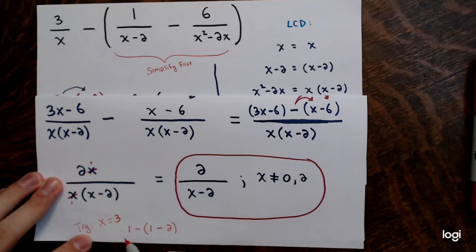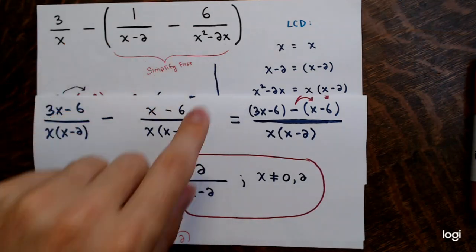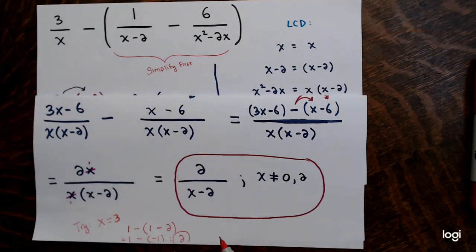So I'm getting 1 minus, 1 minus 2 is negative 1, and 1 minus negative 1 would be 1 plus 1. This has a value of 2. Right? So my original expression has a value of 2 when x equals 3.